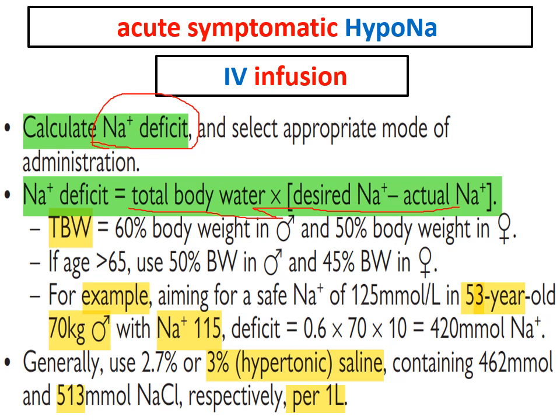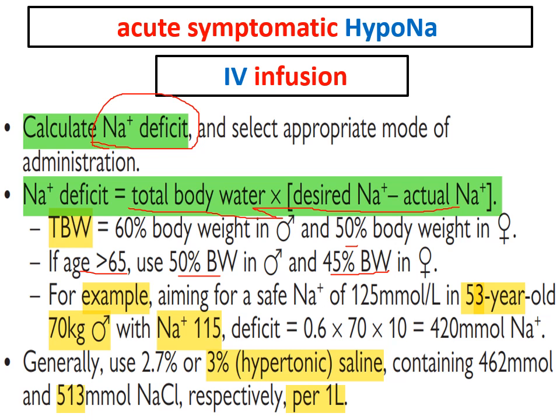Now let's analyze this. Total body water, as we gave in the previous slide, is around 60% of body weight in males and 50% in females. And if the patient is more than 65 years, it is around 50% of body weight in males and 45% in females. This is how we calculate the total body water.